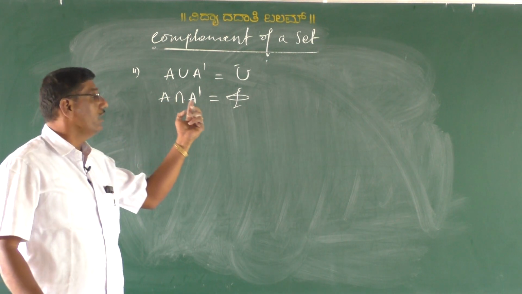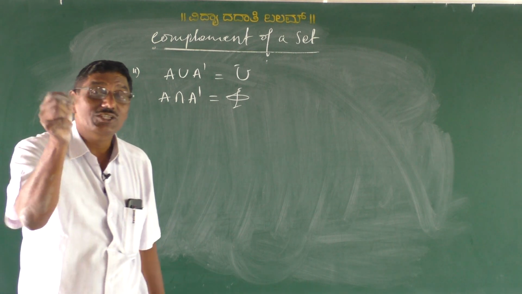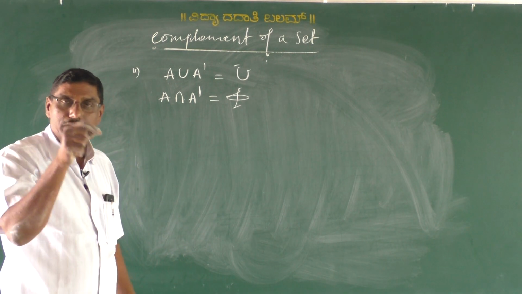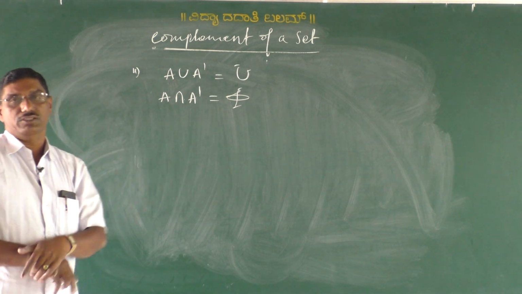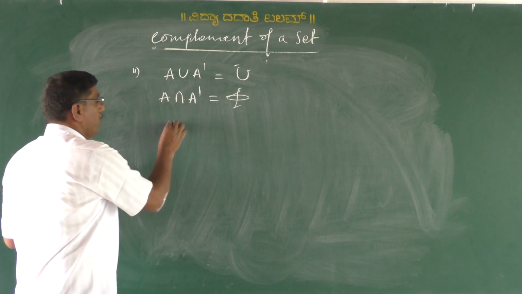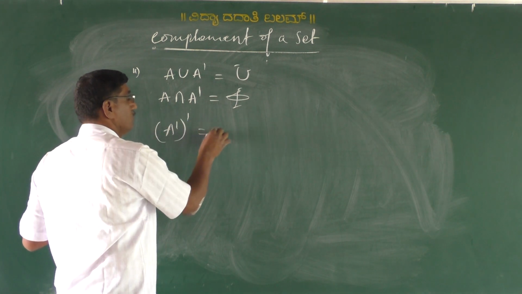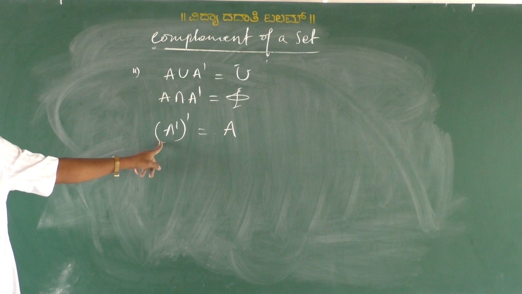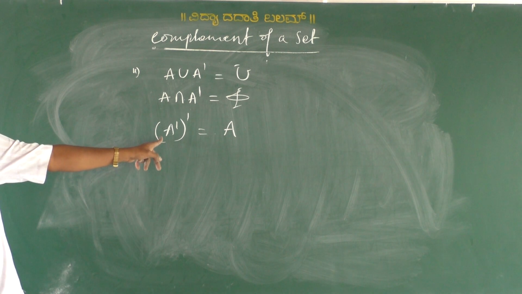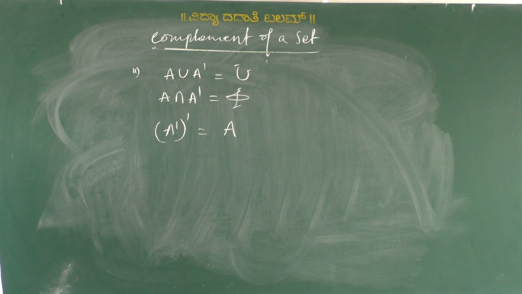Hence, A and A dash are called disjoint sets, my dear students. And also, A dash dash is always A, my dear students.